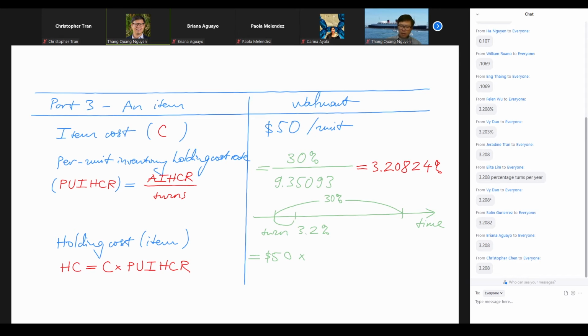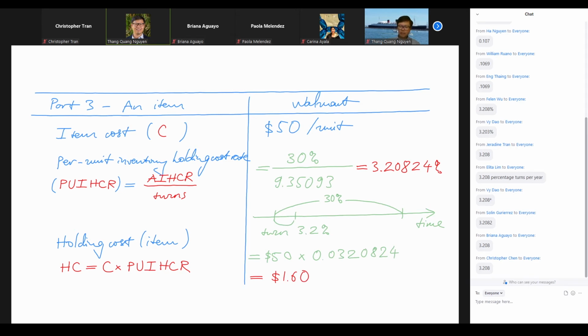But in calculation, this time around, you should convert it to the decimal number, right? So 0.0320824, and no percent at the end because it is a decimal number, right? So that multiplied with that, then we have the holding cost of $1.60.